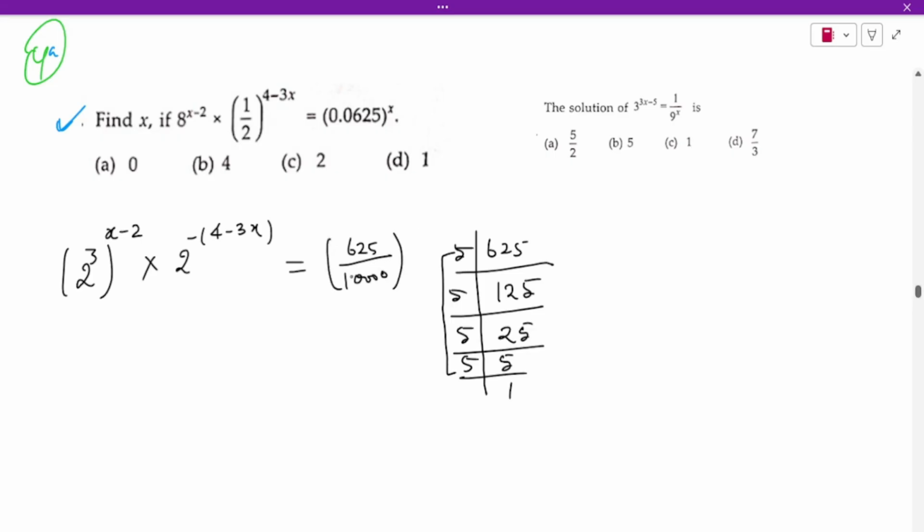So this is equal to this, right? So we can write this number in terms of power of 5, or if it is possible we just have to go and simplify. This 10,000 also we can write by dividing by 2 or 5, and we'll get some power of 2 and 5. So it's better that we just go for cancellation of this. We'll get this as 625.